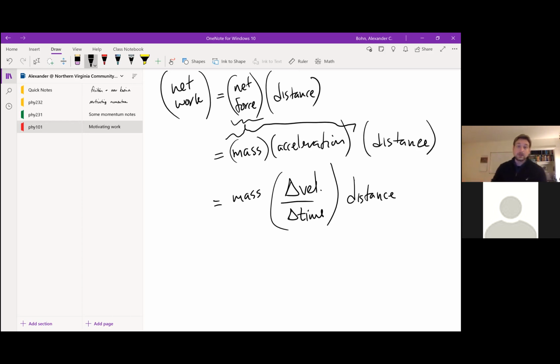We can do this in any order. And in fact, we could do this division, distance divided by elapsed time, and then multiply by the change in velocity.